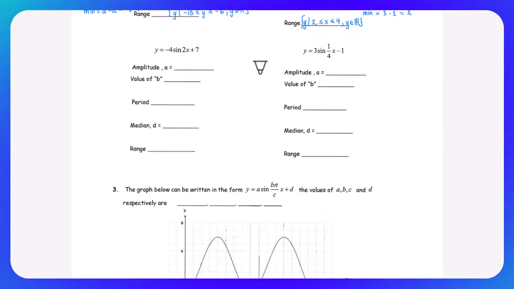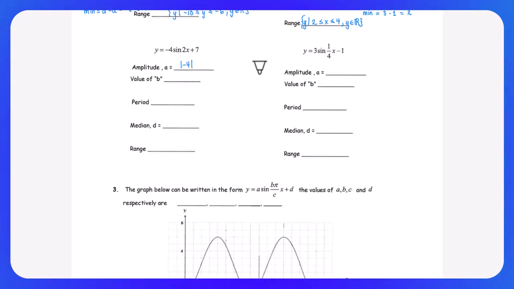You getting the hang of it? I think so. Let's do a couple more just to be sure. Now, what is the amplitude here? We want to make sure we're taking that absolute value of -4.